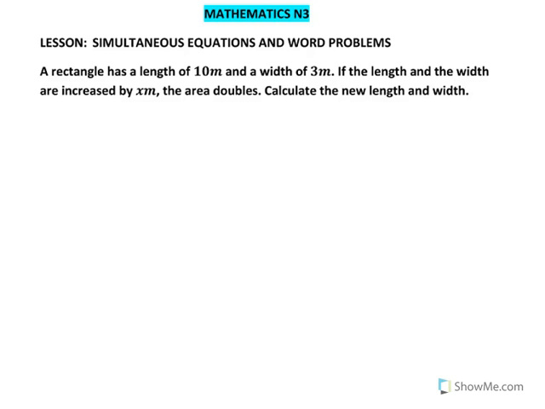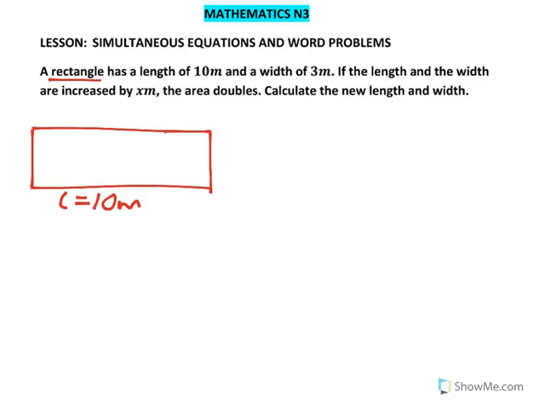It says a rectangle. Let's come up with a rectangle that has a length of 10 meters and a width of 3 meters. That's a rectangle.